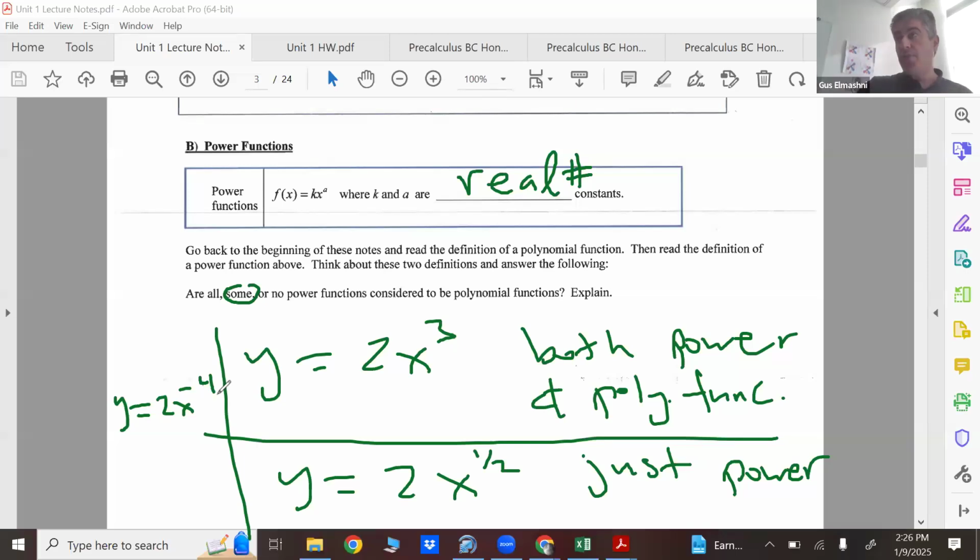No. It's rational, but it's still a power function also. Let me rephrase that. It's power, not polynomial. And that's power, not polynomial as well.